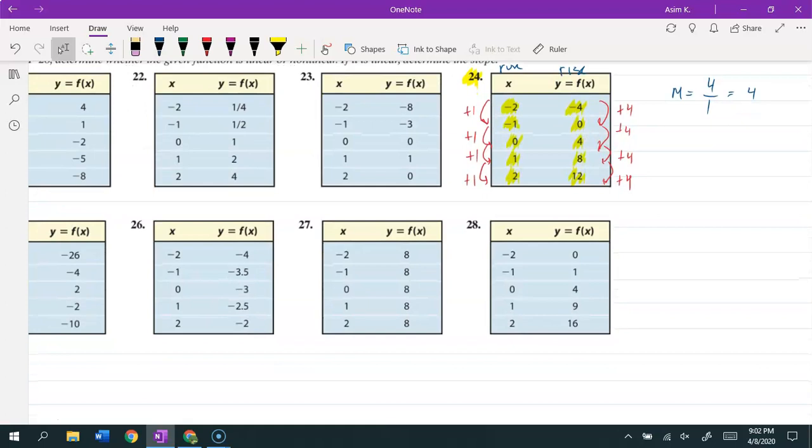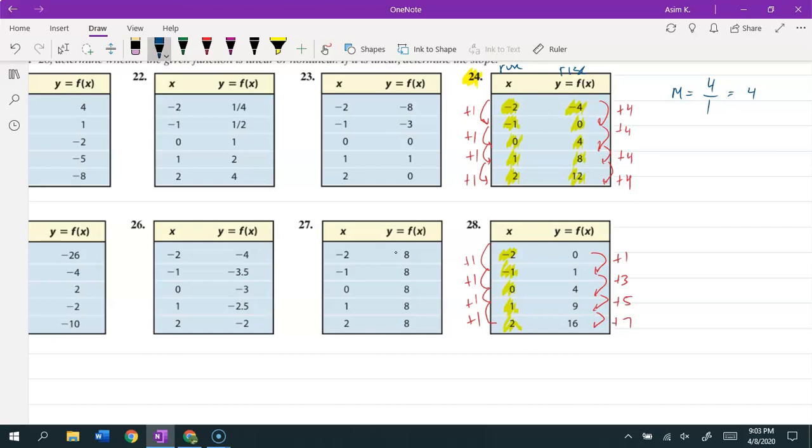Okay, number 28. Notice how the x's keep incrementing by a 1, right? So we get that. Each one of these is incrementing by 1. But then again, all the tables have the same thing. But remember, that's not enough evidence yet, right? Now take a look at all of the y's. The first set of y's increments by 1. The next one increments by 3. The next one increments by 5, and the next one increments by 7.